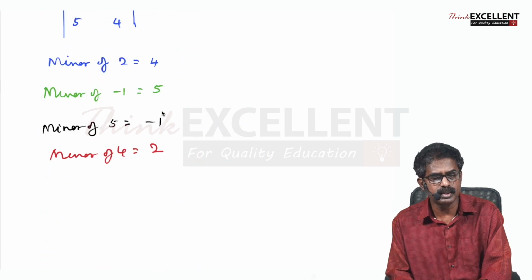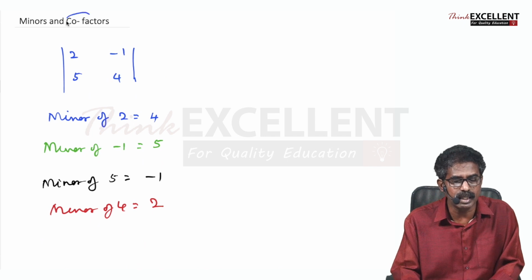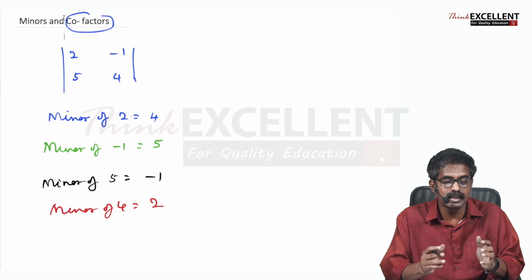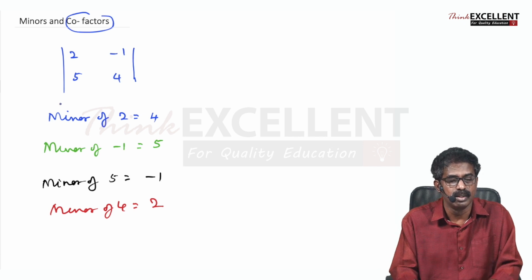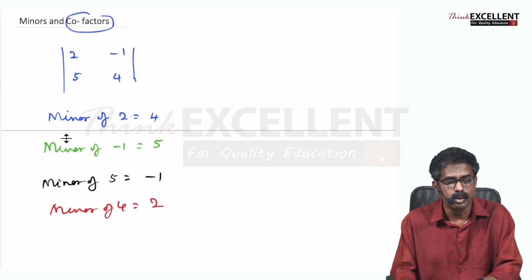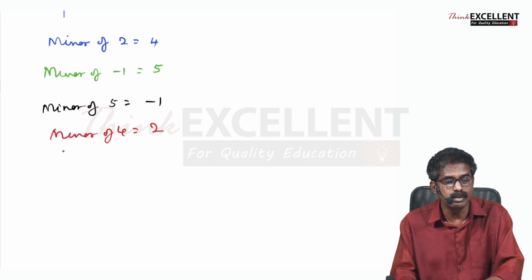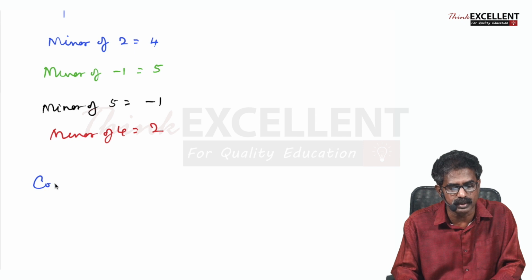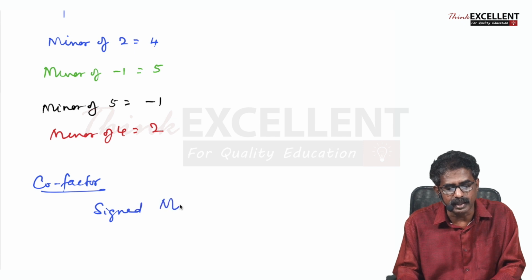But one more is there. So minors, and what's the next one? Cofactors. So I taught what is minor, right? Now let us see how to find cofactor. So what is cofactor? Cofactor is signed minor.